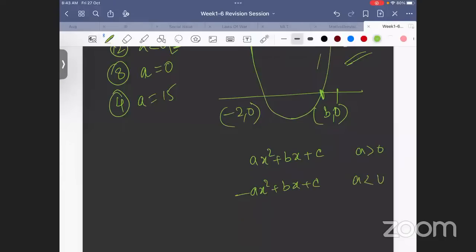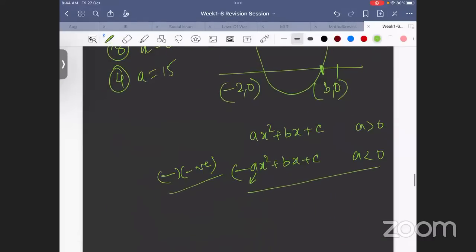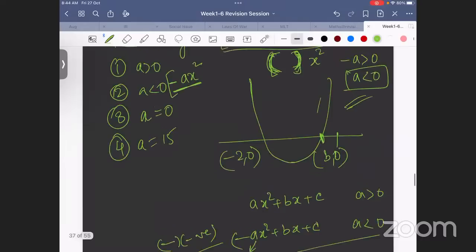Then a should be less than 0 to make it go upward, right? So a will be negative such that minus and negative become positive. I didn't understand, sir.